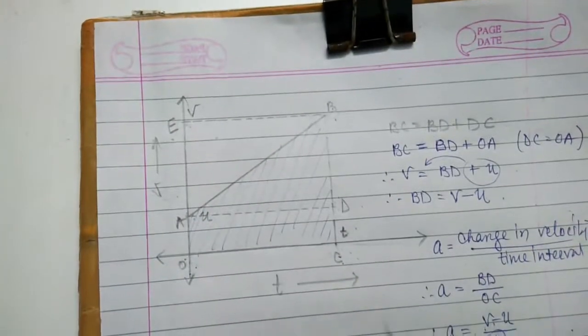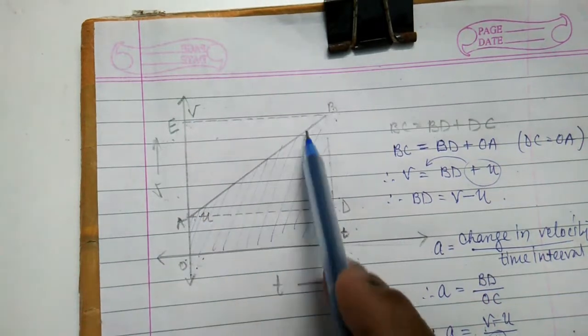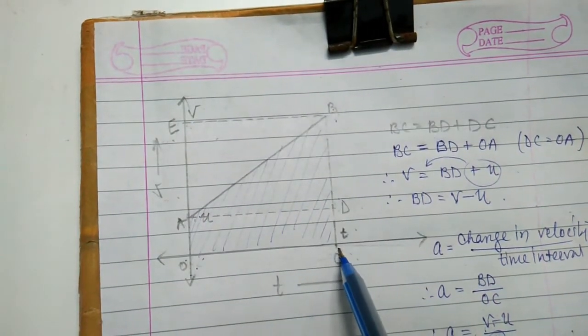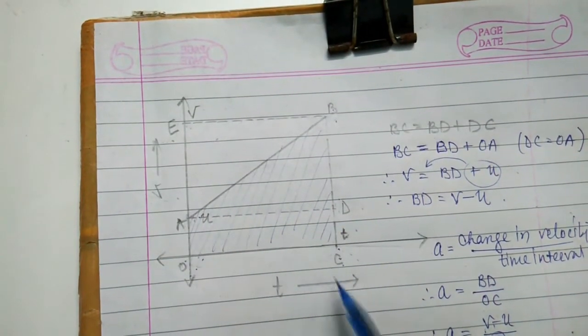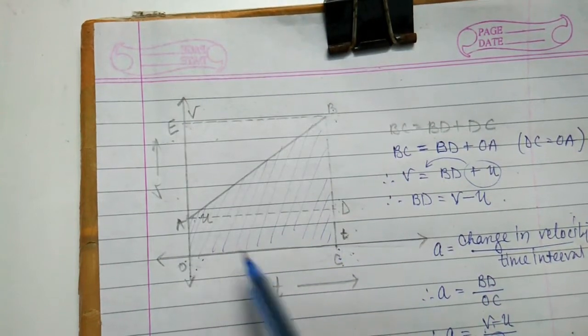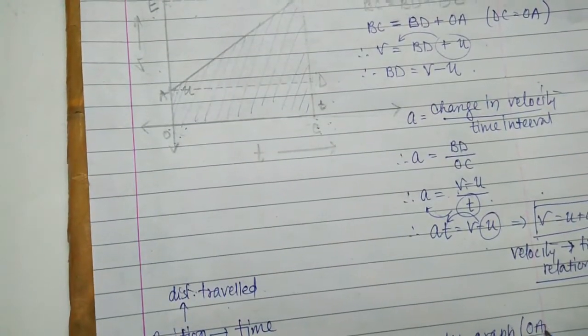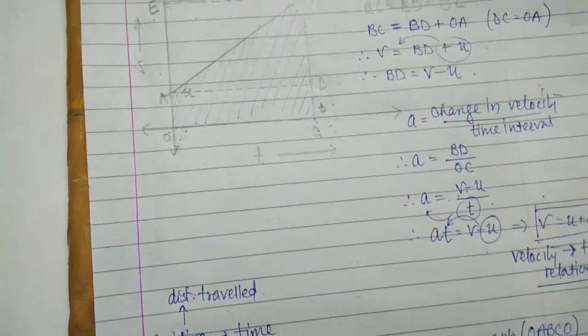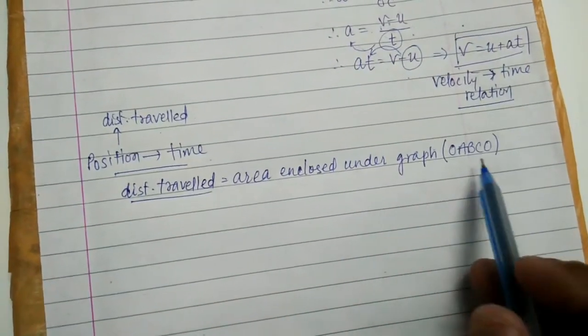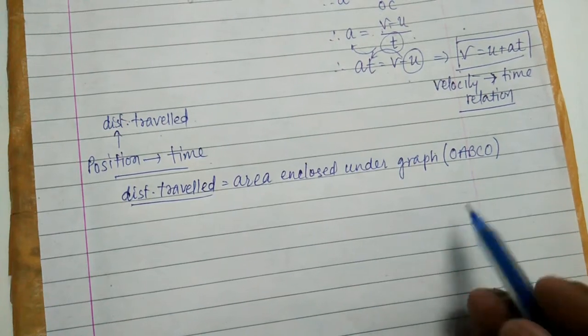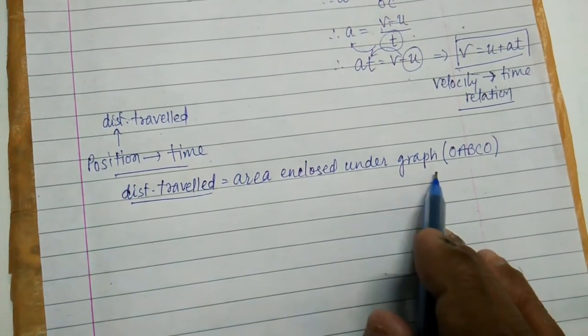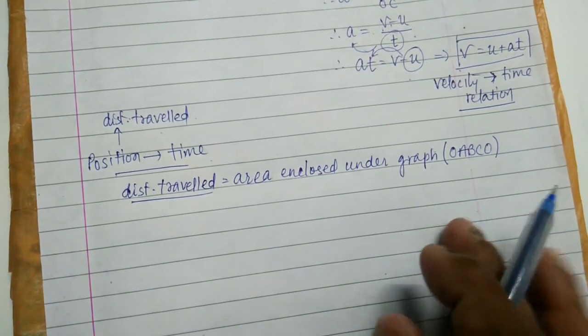So what is the area? O, A, B, C, O. It is a trapezium. So area enclosed under the graph.